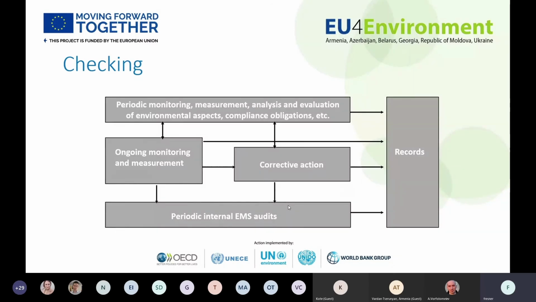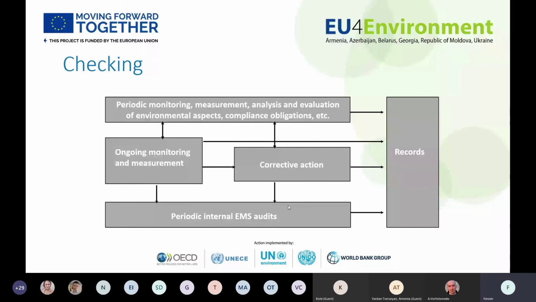The evaluation of this monitoring should lead to corrective action where required. So ideally, as soon as the exhaust gas temperature of the boiler increases or the water consumption increases, we should be alerted by our numbers, and we should start corrective action.